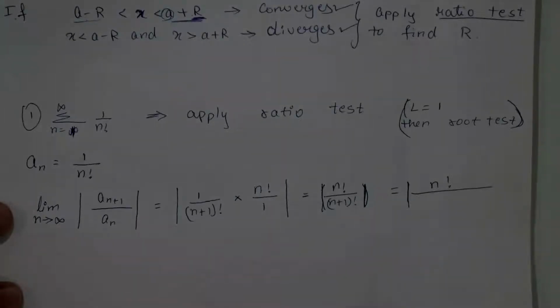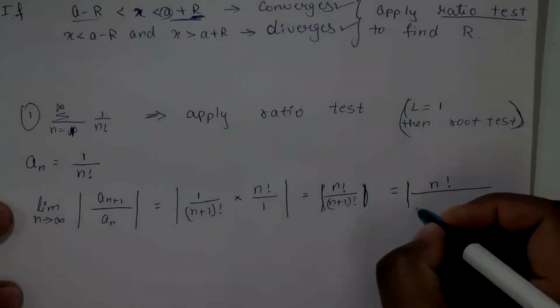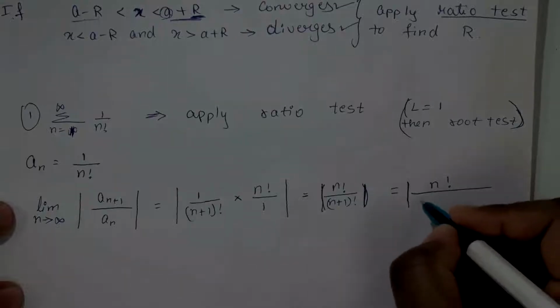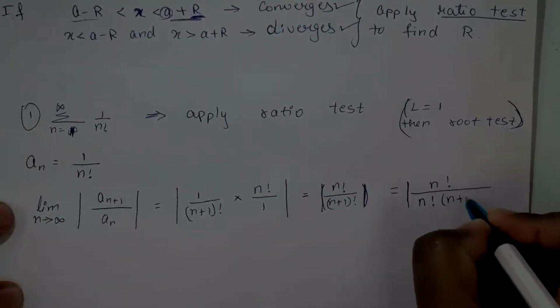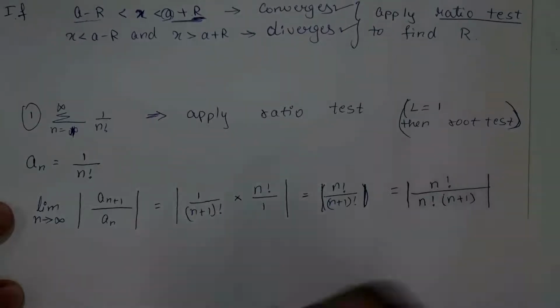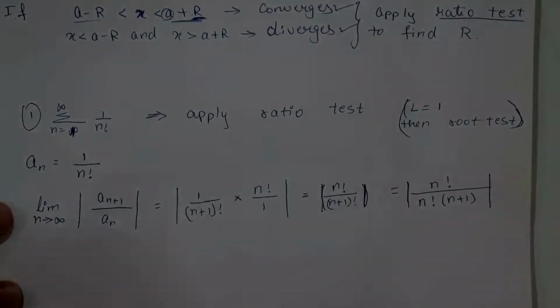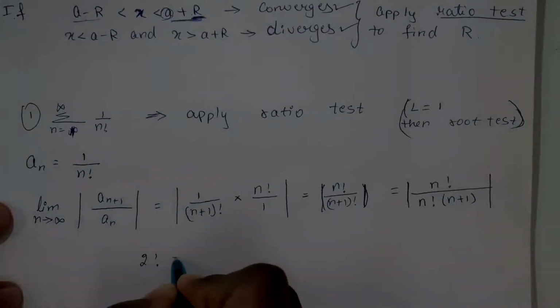Okay, so (n+1) factorial can be written as n factorial into (n+1), right? How? Now, how do you expand 2 factorial?